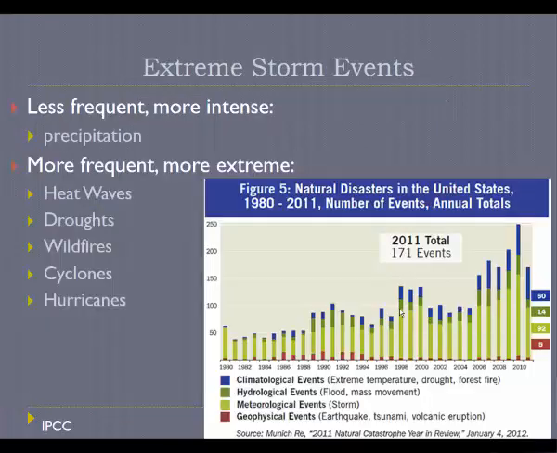Okay, so a third potential concern associated with climate change is the fact that these warmer temperatures, greater evaporation rates, in some cases greater low pressure zones and wind speeds are initiating this kind of rash of extreme storm events around the planet.